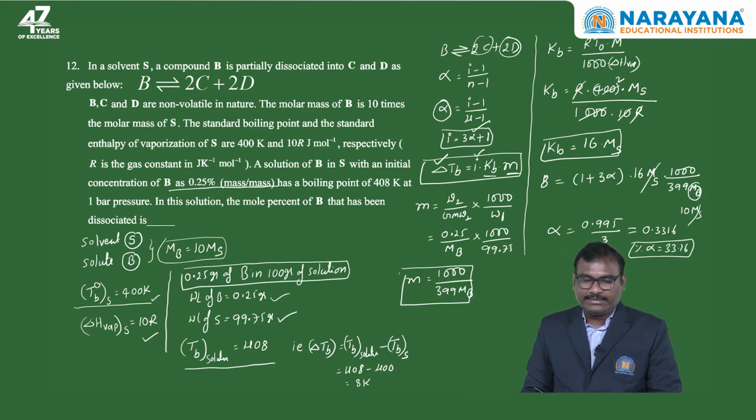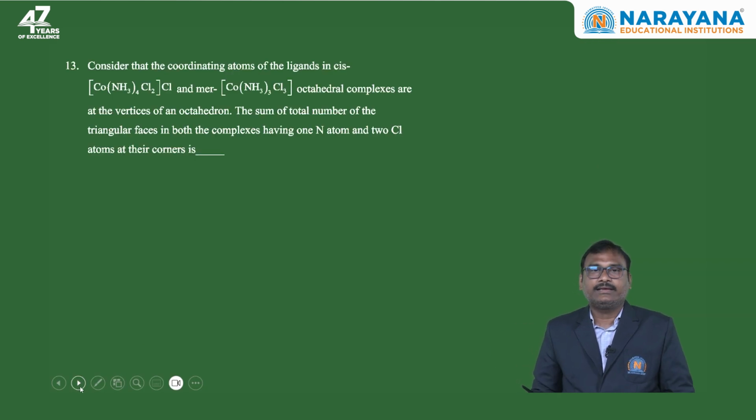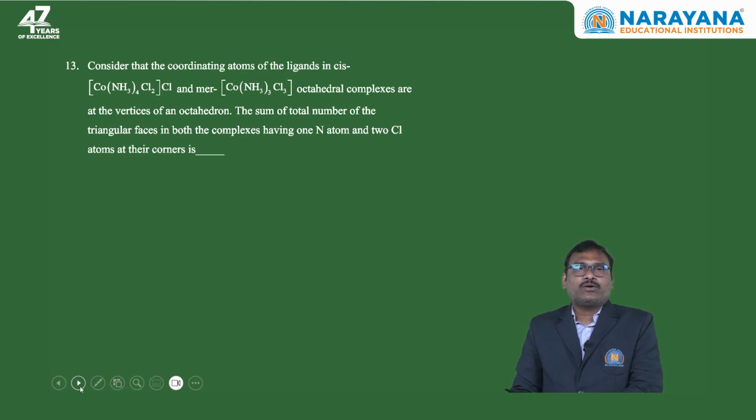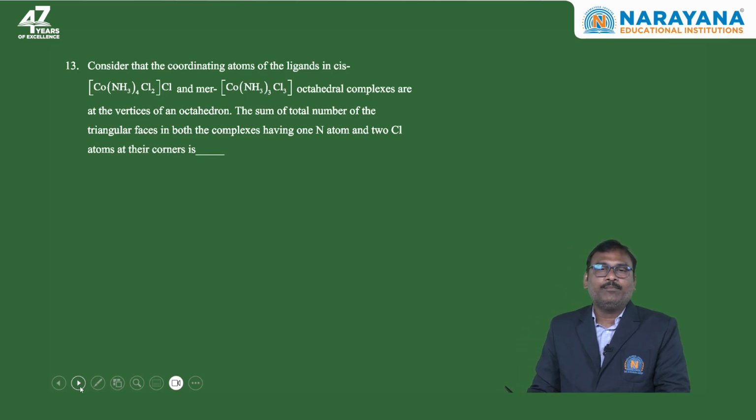Now, let us go for the next question, students. Yes, consider that the coordinating atoms of the ligand, cis and meridional, that is tetraamine dichloro cobalt 3 chloride and triamine trichlorido cobalt 3 complex, are the vertices of an octahedron.